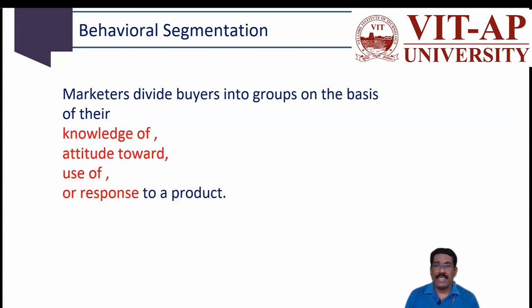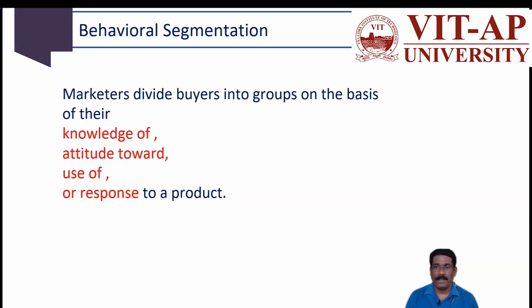See, the last base of segmentation is called behavioral segmentation. Marketers divide buyers into groups on the basis of their knowledge of, attitude towards, use of, or response to a product. So what is a behavioral segment? A segment that has been segmented using behavioral variables.